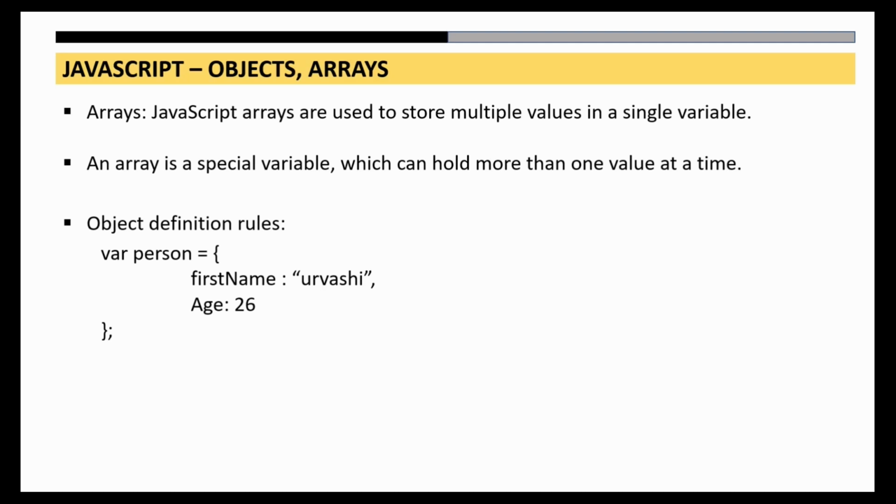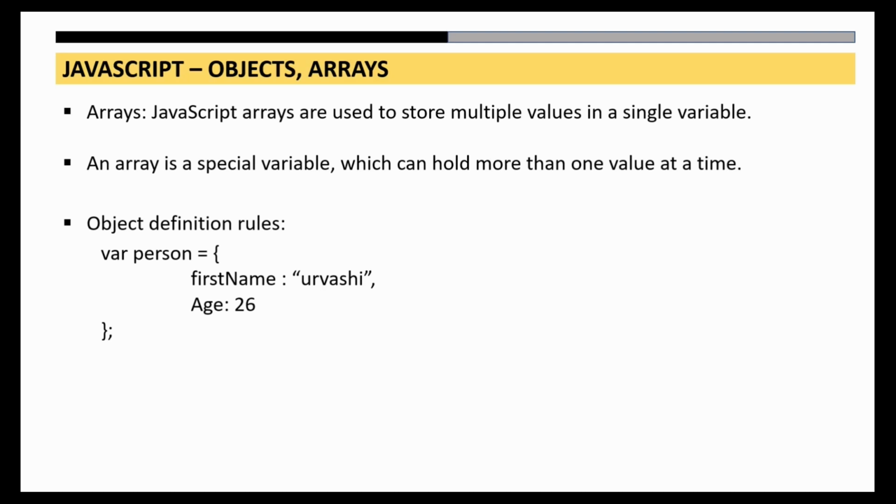If I have 5 string values, I can store all those in a single variable. That is what we call arrays. So an array is a special variable which can hold more than one value at a time. You can think of arrays like a collection of multiple values inside a single variable. Definitely we are going to see through code how it looks.